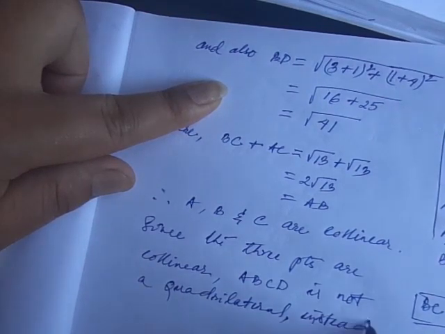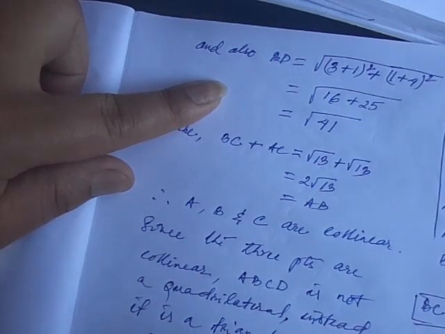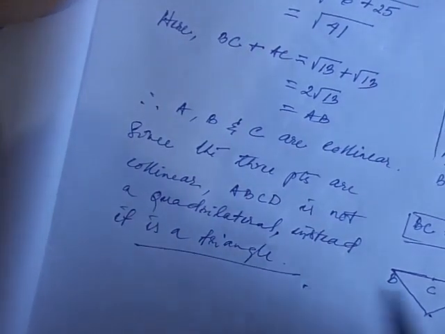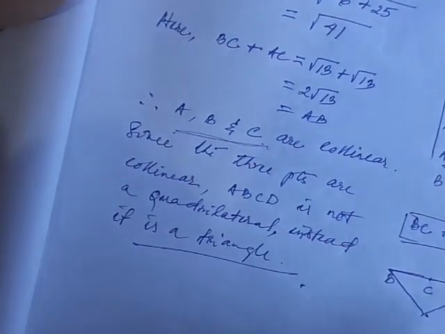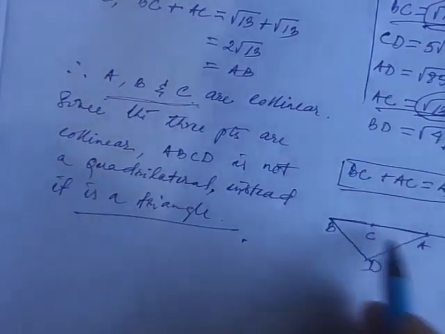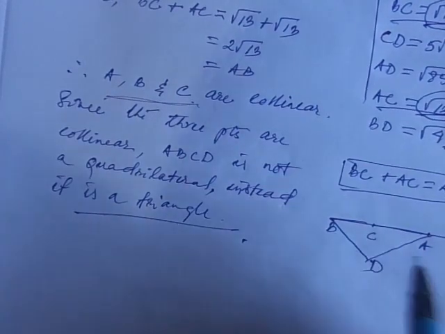Instead, it is a triangle. So we have to give the conclusion here properly. This EBCD will be a triangle because E, B, C, 3 points, are collinear. Because of that, as I have explained, if E, B, C are collinear with the remaining 4th point, it forms a triangle only, not a quadrilateral.